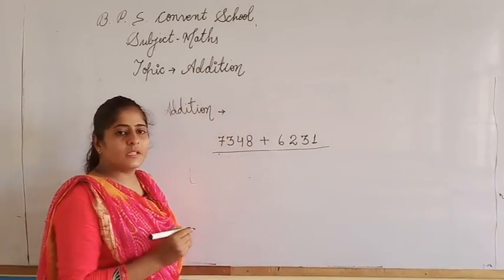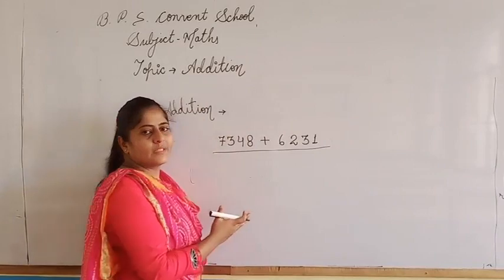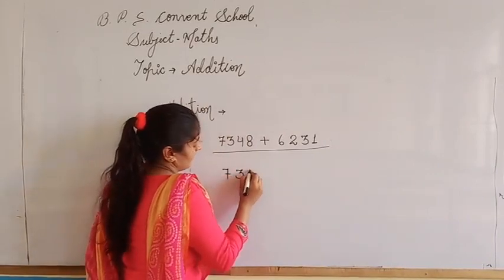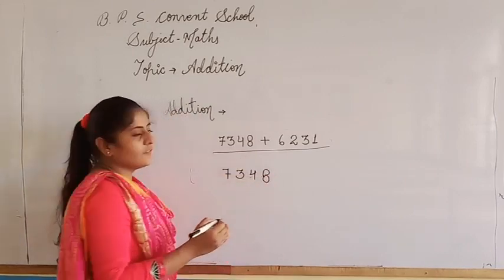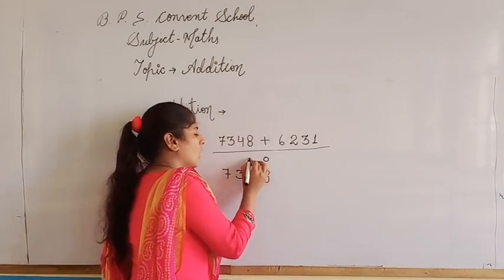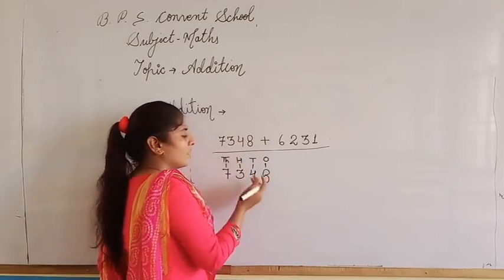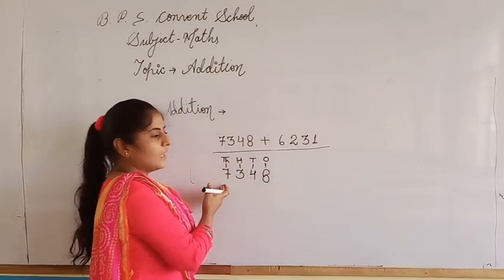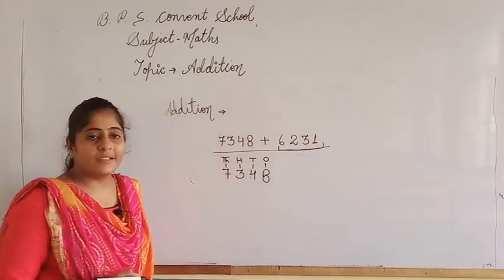For adding these numbers, first we write these numbers in columns. And for writing in columns, we write the places over the digits: ones, tens, hundreds and thousands. Write the next number.